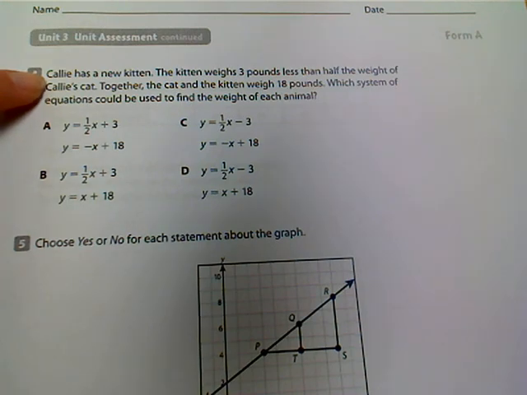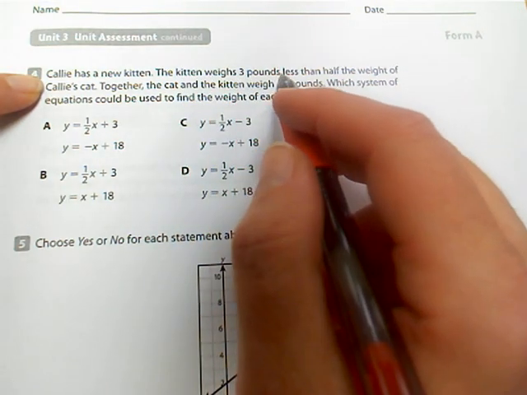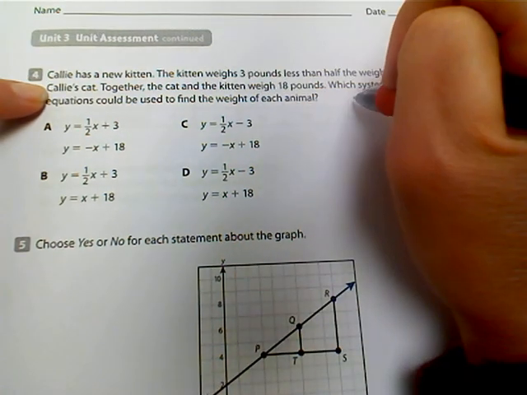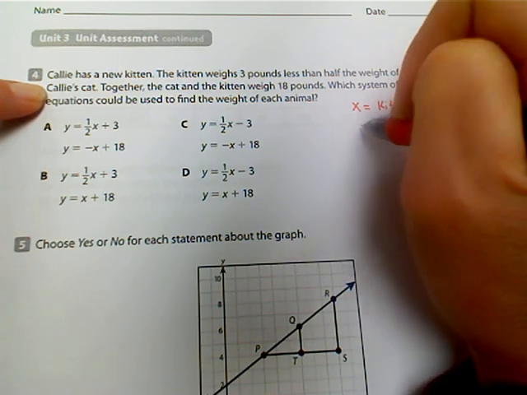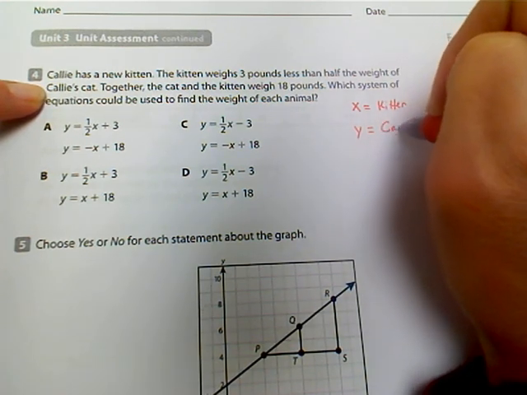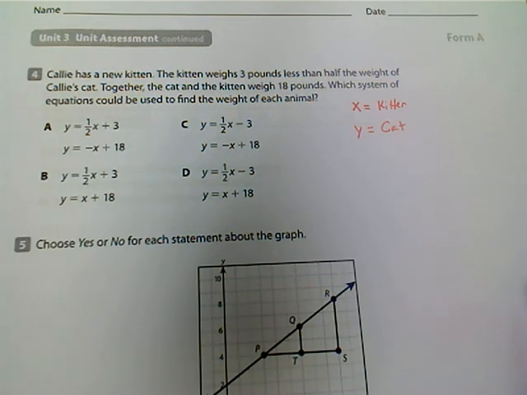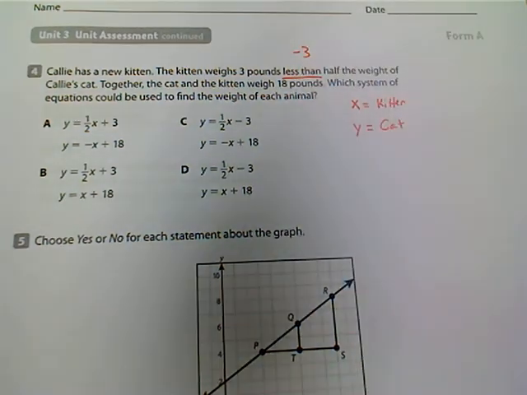Let's go back to the equation. The kitten weighs 3 pounds less than half the weight of Callie's cat. So if I say that x is the kitten and y is the cat, then the kitten weighs 3 pounds less than, so that'll be minus 3, half the weight of Callie's cat.